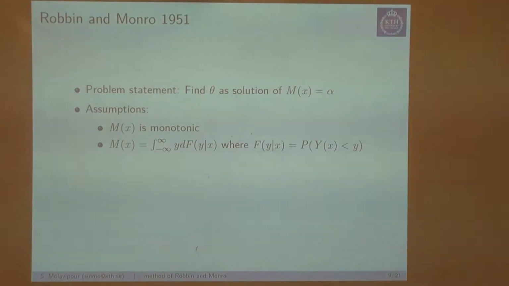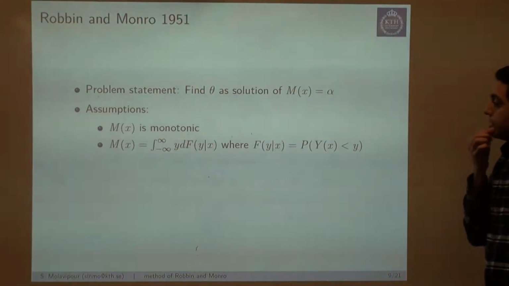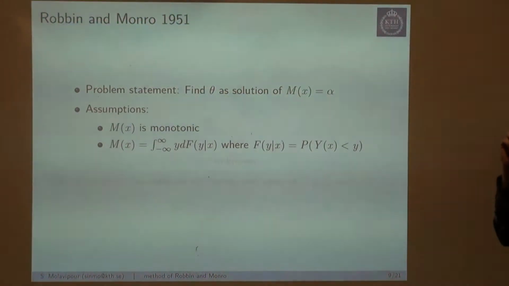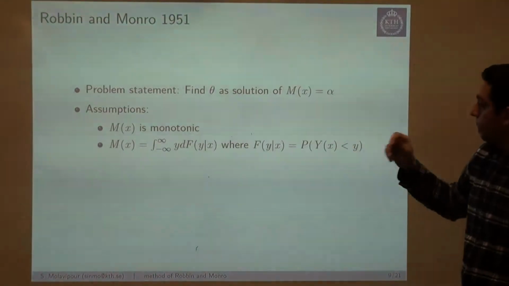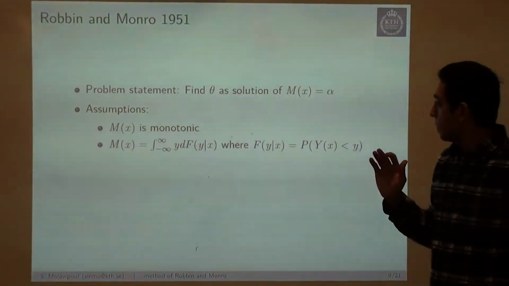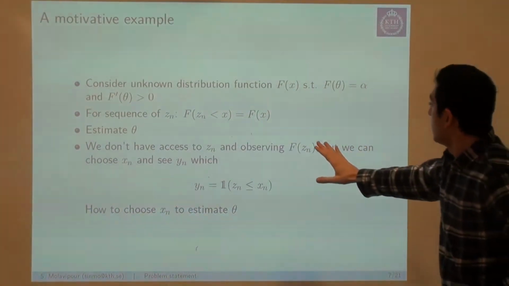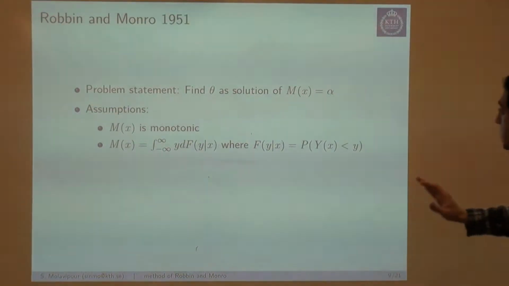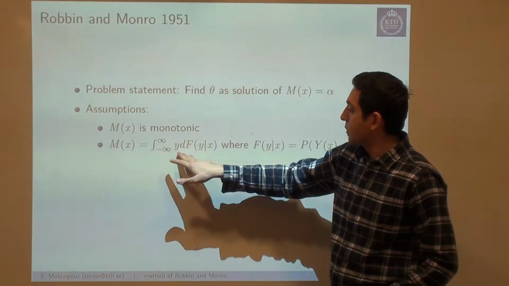So we need some assumptions for the algorithm to work. The first assumption is that the function mx should be monotonic. In the previous example we were working on this fx, but that was just an example. Now in the main algorithm, let me introduce this mx to be the expectation function.